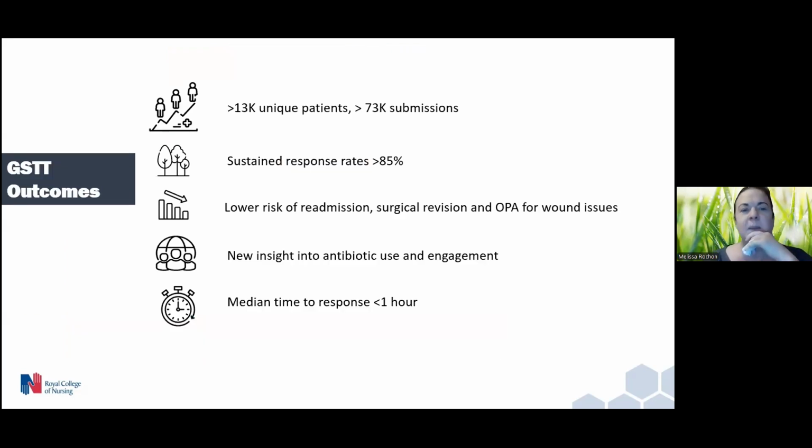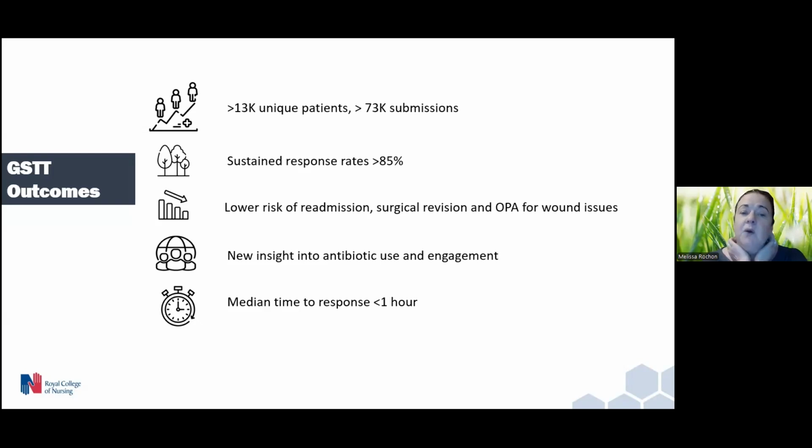These figures are a little bit out of date, but we've had over 15,000 patients submit to ILA. We've had over 90,000 or 95,000 submissions. Our response rate has been sustained over 85%, which is amazing. Often, people struggle to get to the 70% target for UKHSA patient PDQs.